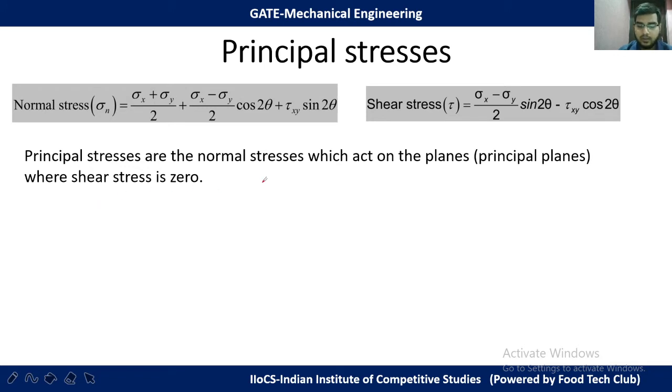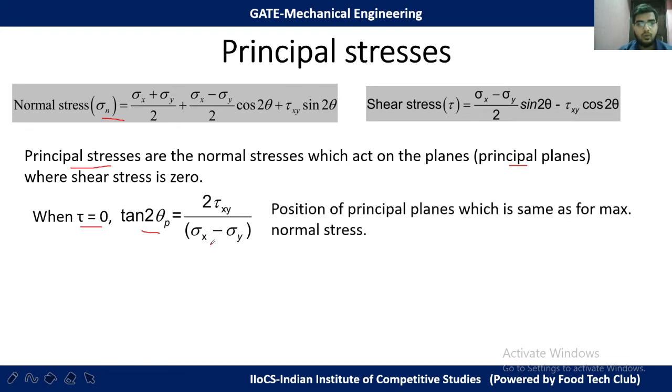At principal planes no shear stress acts, only normal stresses act, and those normal stresses are called principal stresses. So when we put tau equal to 0 in this relation, that will give us tan 2 theta p equal to 2 tau xy divided by (sigma x minus sigma y).